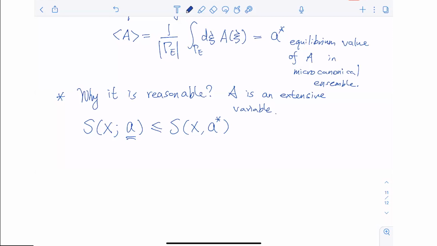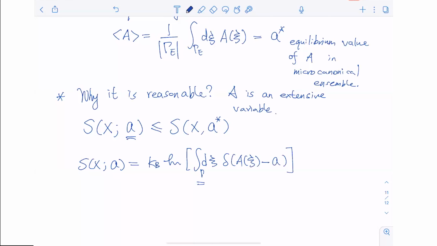And then we can try to be a bit more specific. What is the expression if we try to write it down using Boltzmann's postulate? Basically, we just include all the microscopic configurations in the phase space gamma, and we restrict the phase space to have observable A be the value A that is assigned, that is different from the equilibrium value A star.